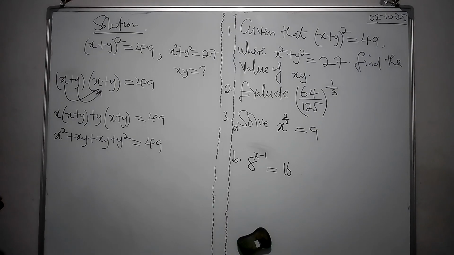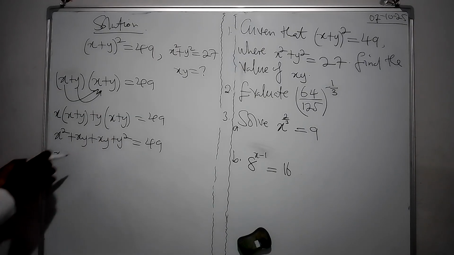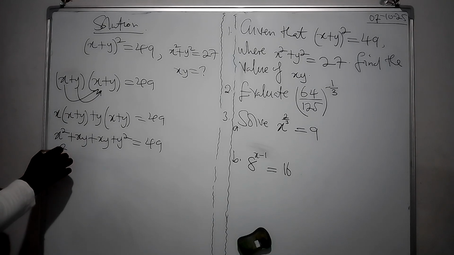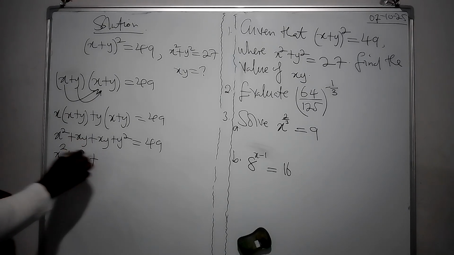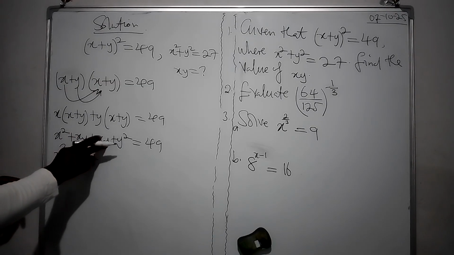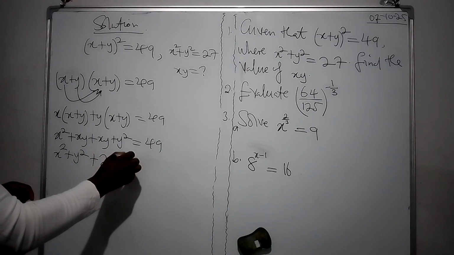Then from here we can reduce. Let's group the like terms: x^2 + y^2 plus xy plus xy, we're having 2xy, is equal to 49.